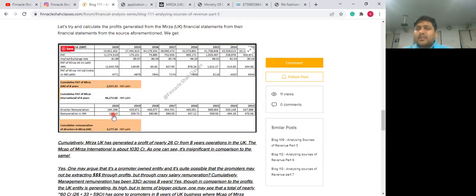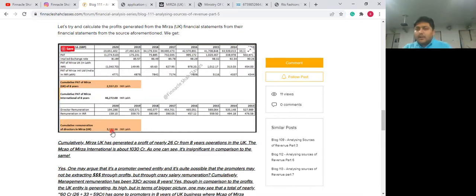And let's not forget, the remaining 2 promoters or directors on the board were hardly secretary and director of sales. So they wouldn't be drawing much director salary per se, but employee salaries. So if we were to cumulate it, ignoring those aspects, nearly 32 or 33 crore salaries went to the promoters of Mirza International from Mirza UK.